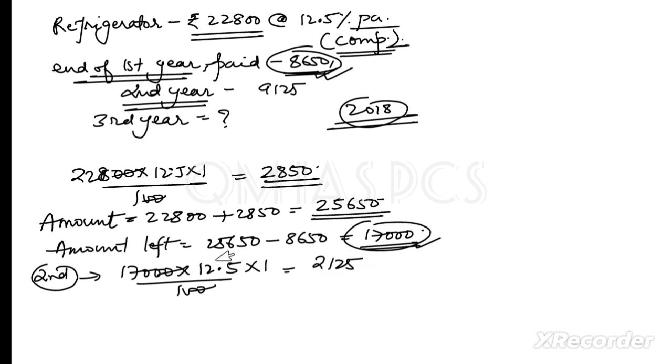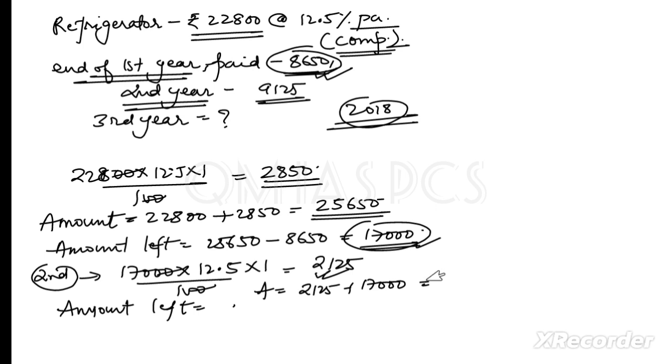Now, the amount left after paying 9,125 rupees: this was the interest, so we have to find the amount first. The amount is equal to 2,125 plus 17,000, so we will have 19,125 rupees.